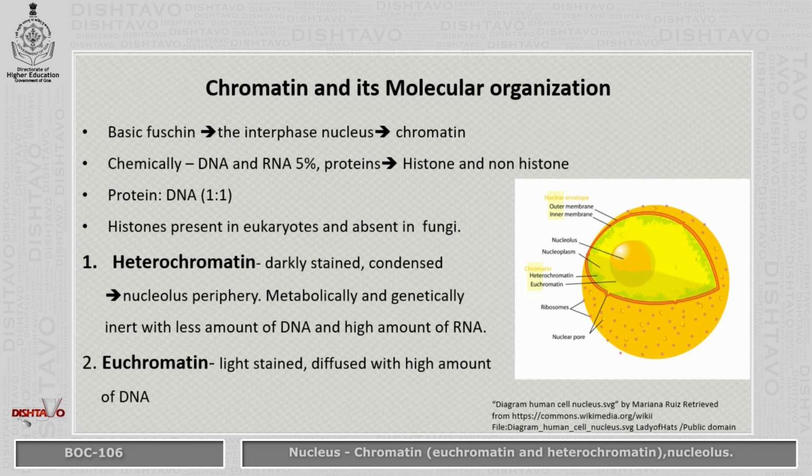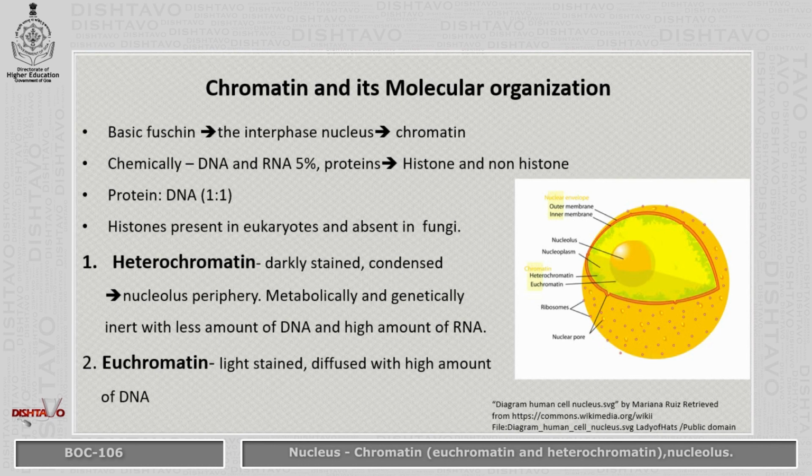Depending upon the stain taken by the chromatin material, we can differentiate between two types of chromatin, that is heterochromatin and euchromatin. Heterochromatin is darkly stained, condensed and is deposited at the periphery of the nucleolus.